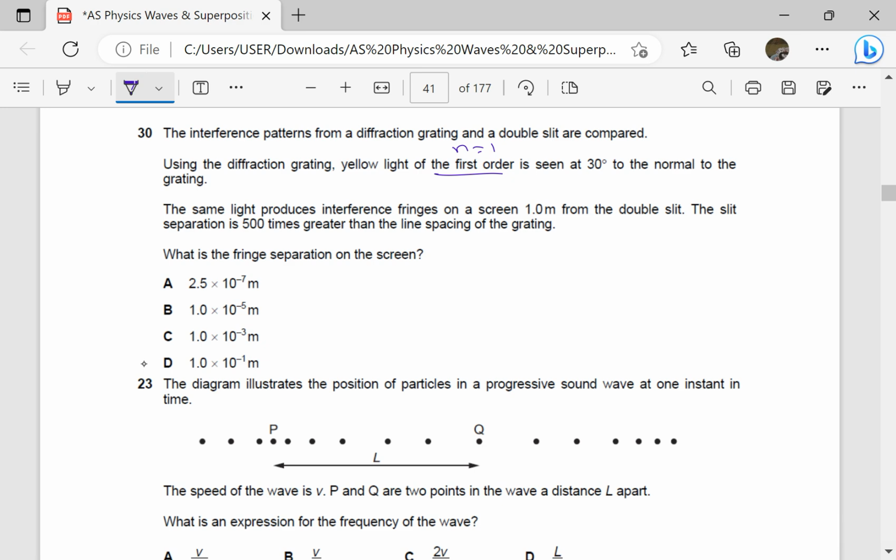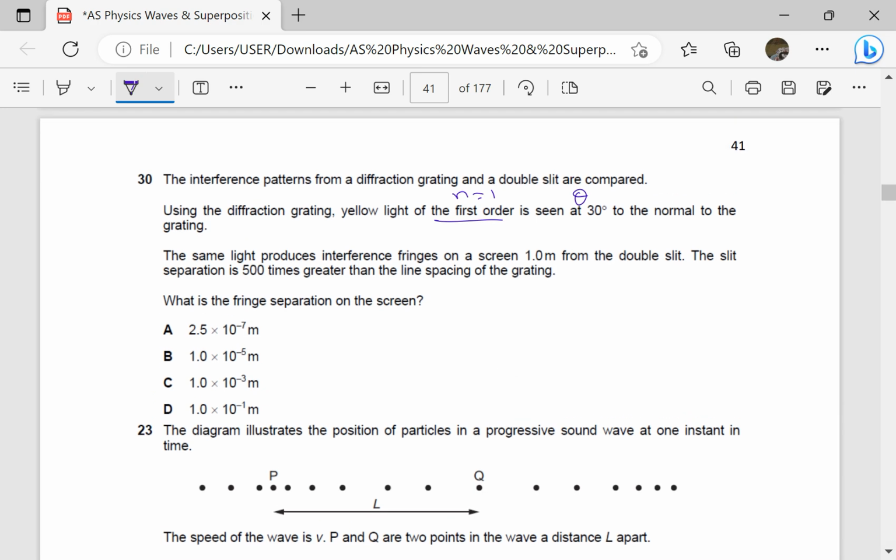So theta is 30. The same light produces interference fringes on the screen 1 meter from the double slit. The slit separation is 500 times greater than the line spacing of the grating. What is the fringe separation on the screen?